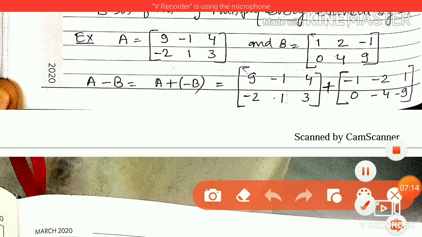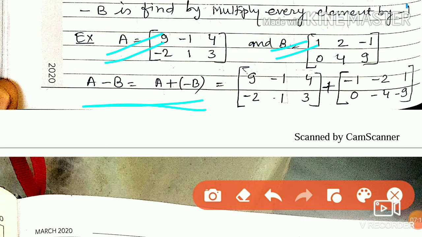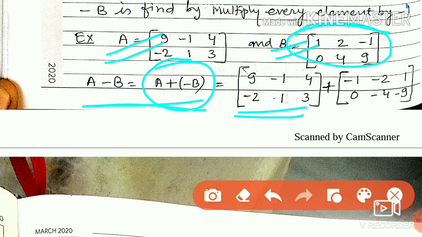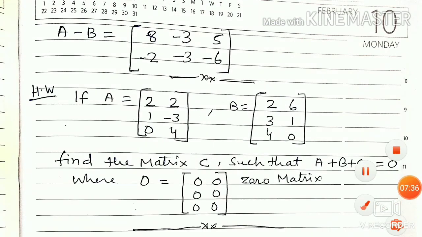Here a is given and b is given, and you have to find a minus b. A minus b means a plus minus b. A is given, and to find minus b, you multiply all the elements of b by minus 1, and then you simply add, and you get your answer. This type of solution you will get here.